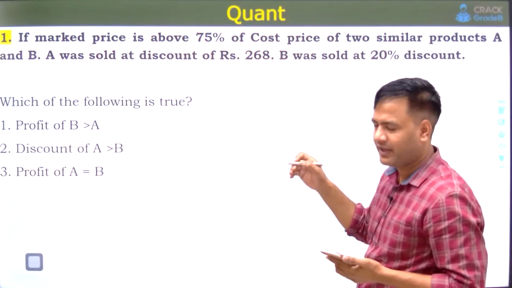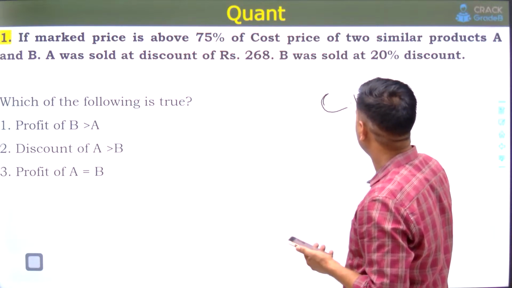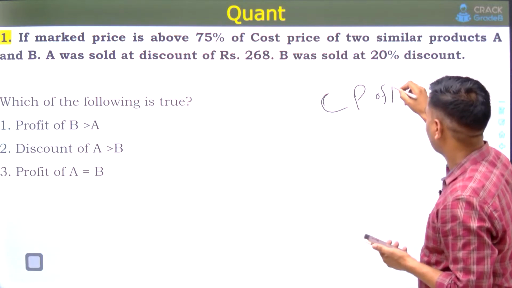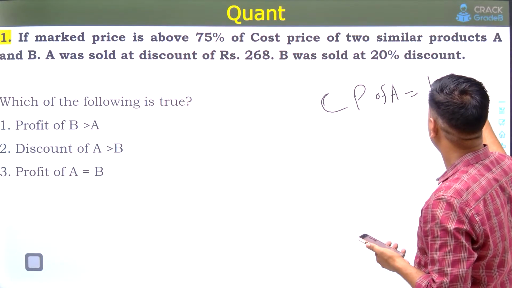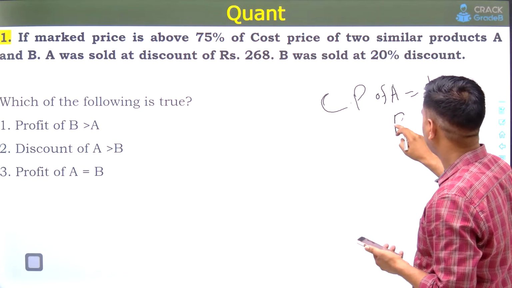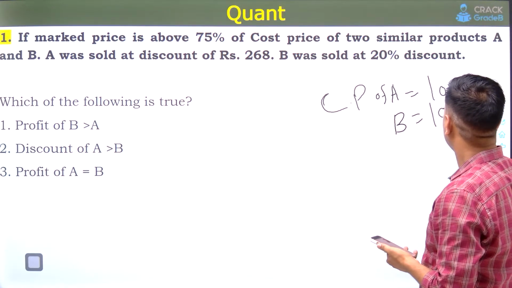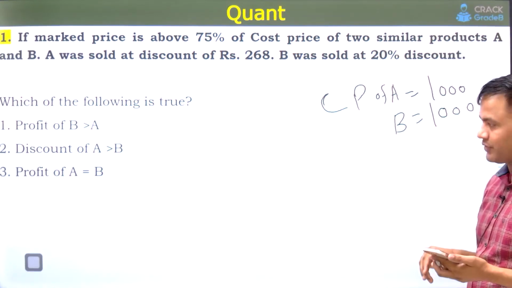Suppose we consider the cost price of A as 1000, and similarly the cost price of B as 1000.